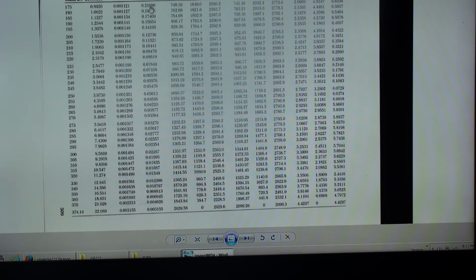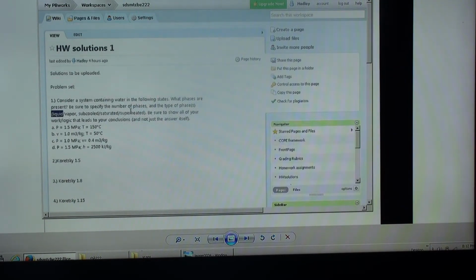So in this case, I'm definitively a vapor. Now, when it's not saturated, what's that called? It's called a superheated vapor. So we had a subcooled liquid, we had a saturated mixture, and now we have a superheated vapor.